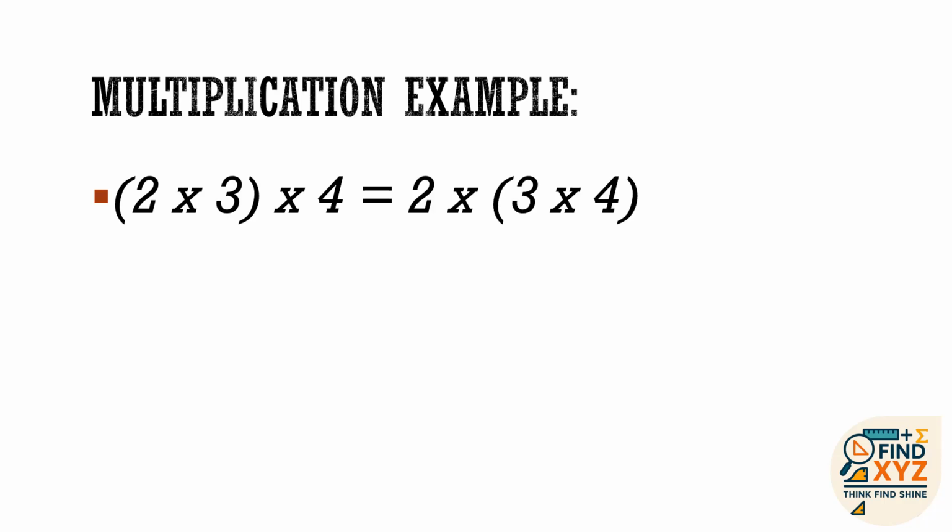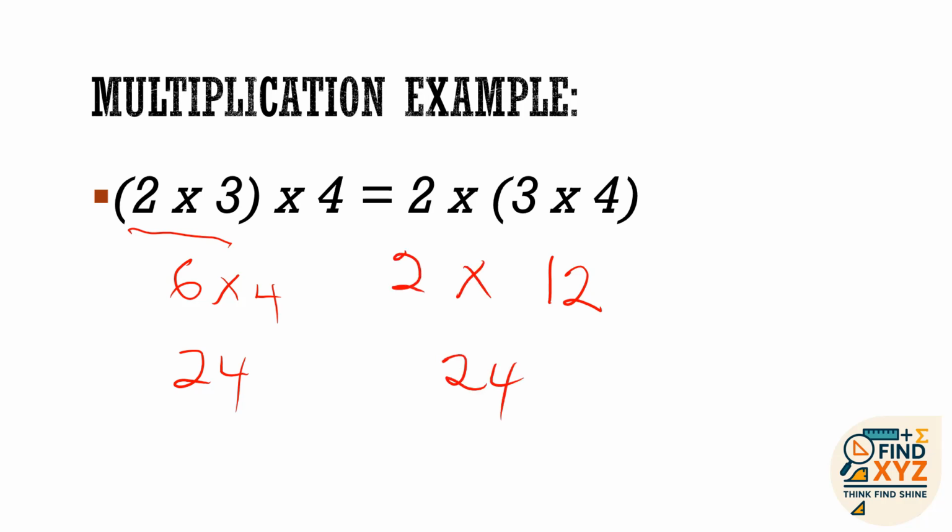Given 3 numbers 2 times 3 times 4, we can decide to multiply the first 2 numbers, which is 2 times 3, that will give us 6, multiply by 4, that will give us 24, or we can decide to multiply the last 2 numbers, which is 3 times 4, which will give us 12, times 2, which will give us 24. So the left hand side is 24 and the right hand side is also 24.